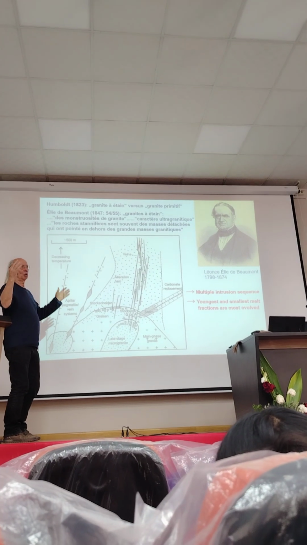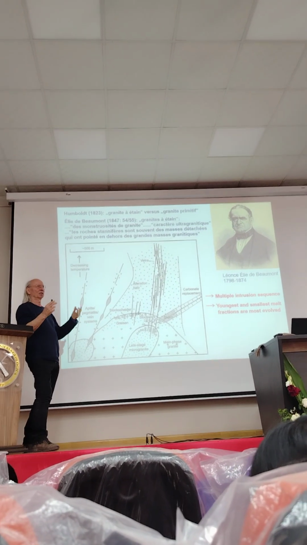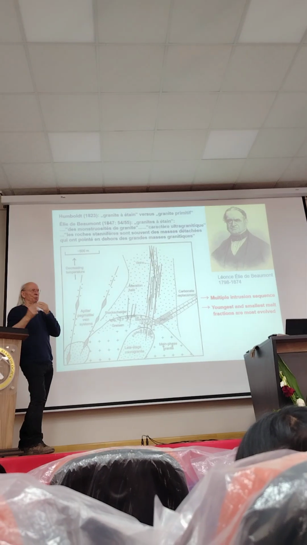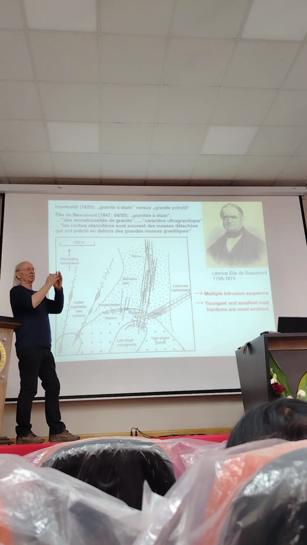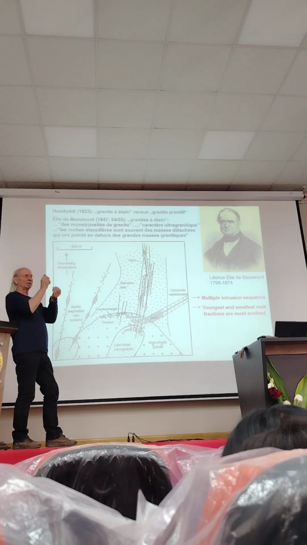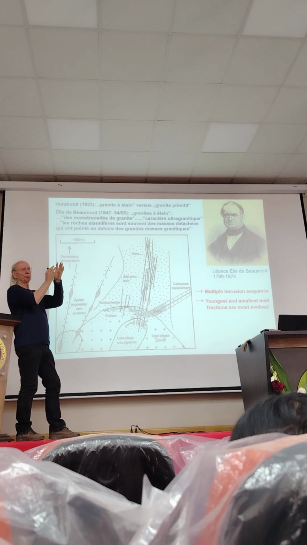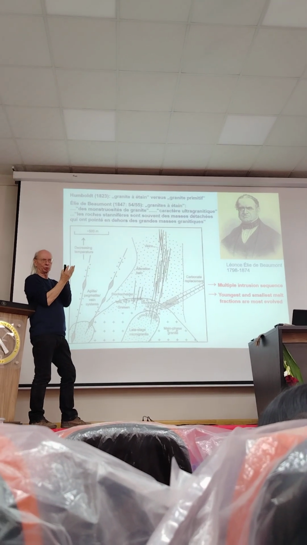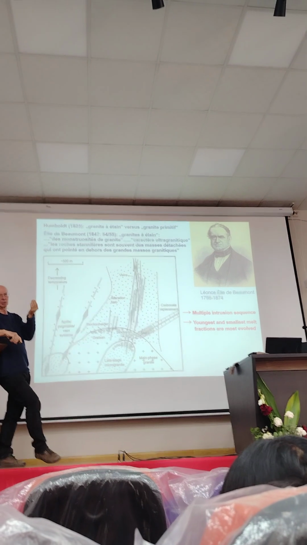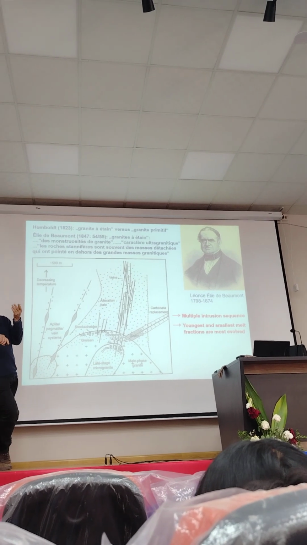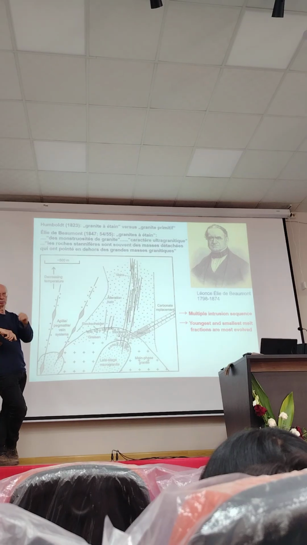So let's say you have a big reservoir with partial melting in the lower crust or middle crust. And from this reservoir, small parts are moving upwards and building up a batholith or pluton. And the latest phases are the most evolved, and they are also at the same time the smallest in volume.